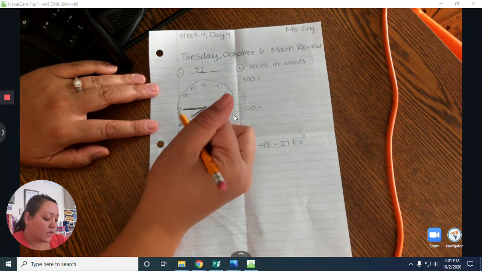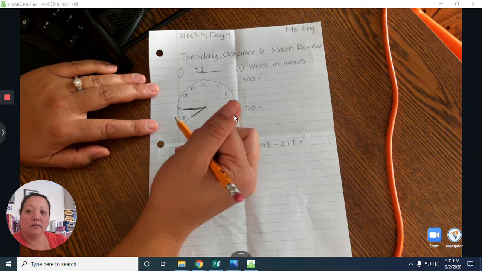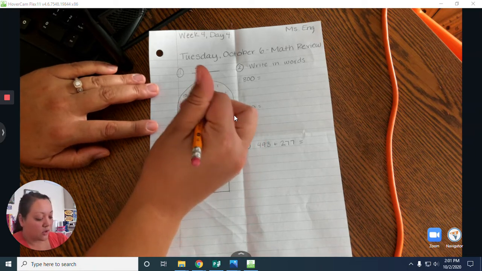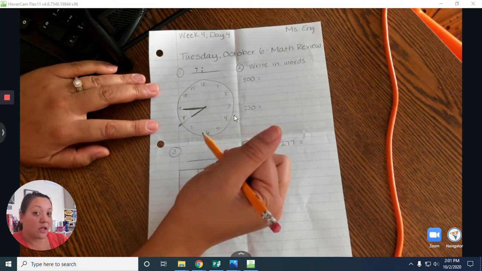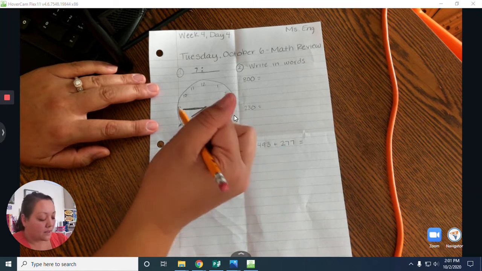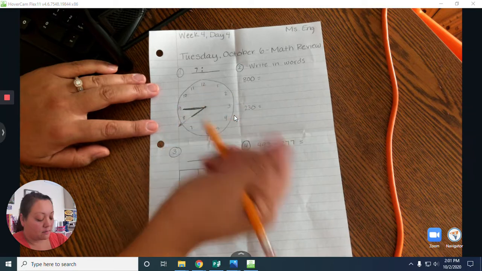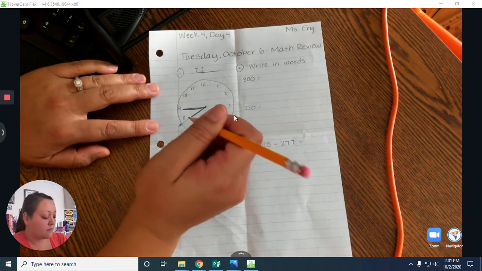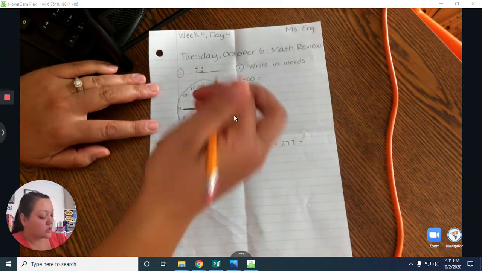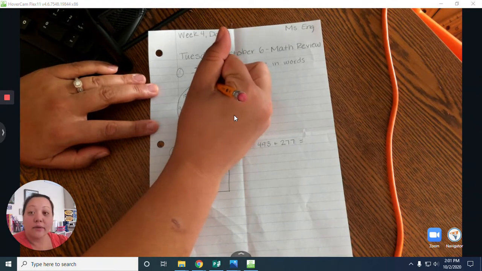And I know that it's not 7:09 because the numbers on the face of the clock refer to the hours, but I have to look past the numbers on the clock. So I know that I'm going to count by 5.